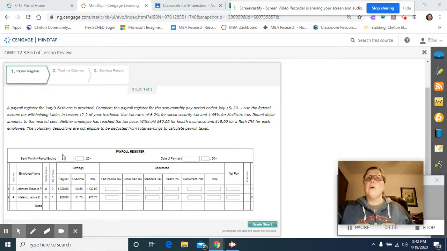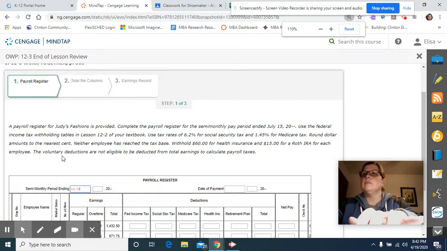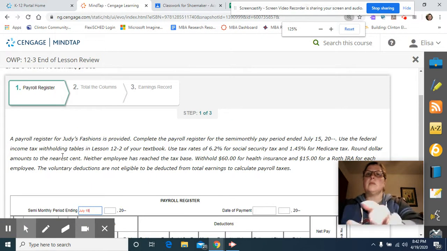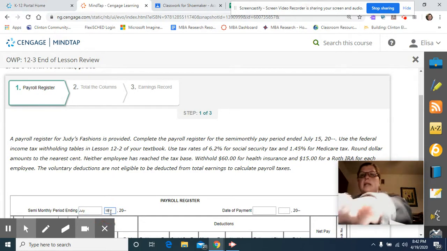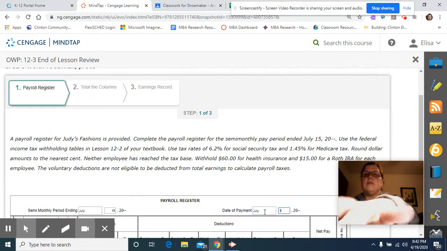So we're writing July. Oh, that's really tiny. Make that bigger. That's why it doesn't like it. July 15. Okay. And the date of the payment is the same. So again, we're typing July and then 15.